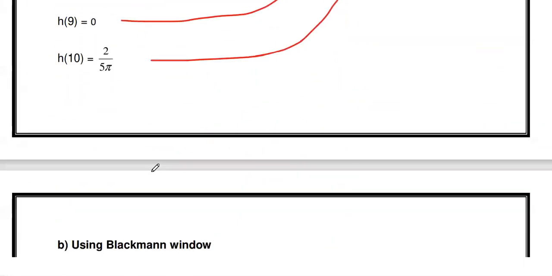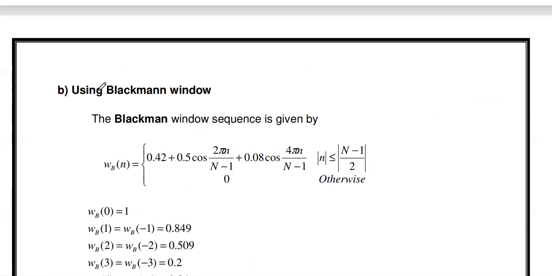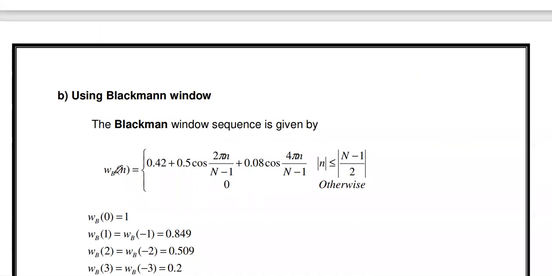Okay, so the next step is we have to take the Blackman window. So already you know the formula for the Blackman windowing sequence, WB of n. Okay, the Blackman windowing sequence is 0.42 plus 0.5 cos 2 pi n by capital N minus 1 plus 0.08 cos 4 pi n by N minus 1, for the modulus of n less than or equal to N minus 1 by 2, and 0 otherwise. Okay, so here capital N is 11.